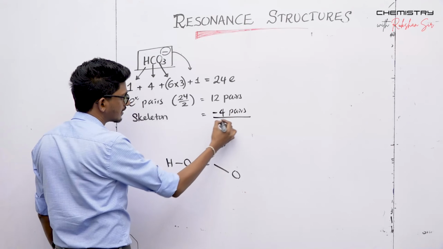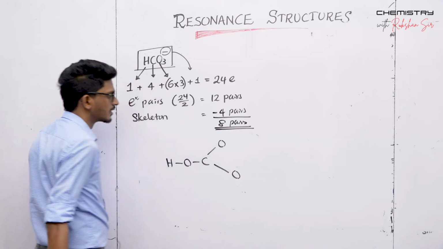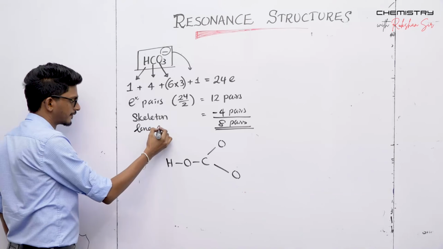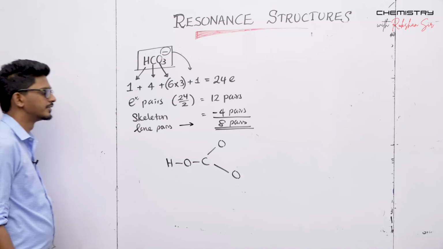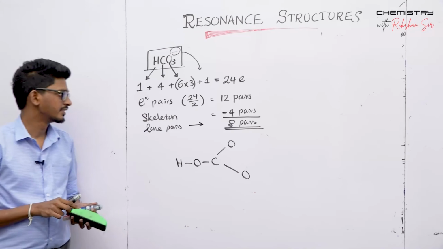So the remaining is 8 pairs, which are the lone pairs to allocate. Let's assign these 8 pairs.